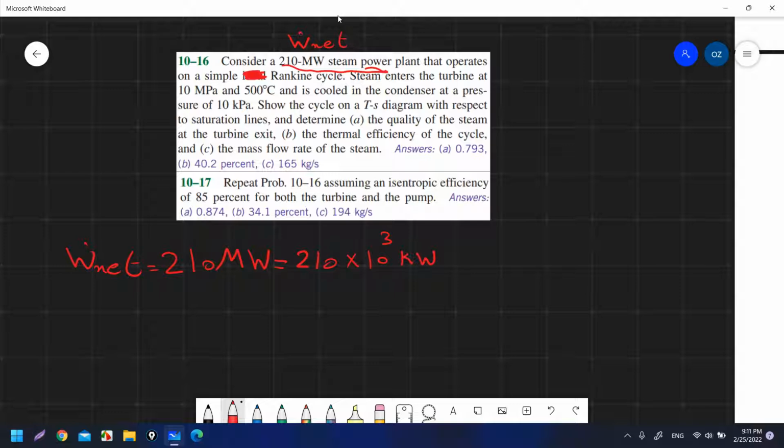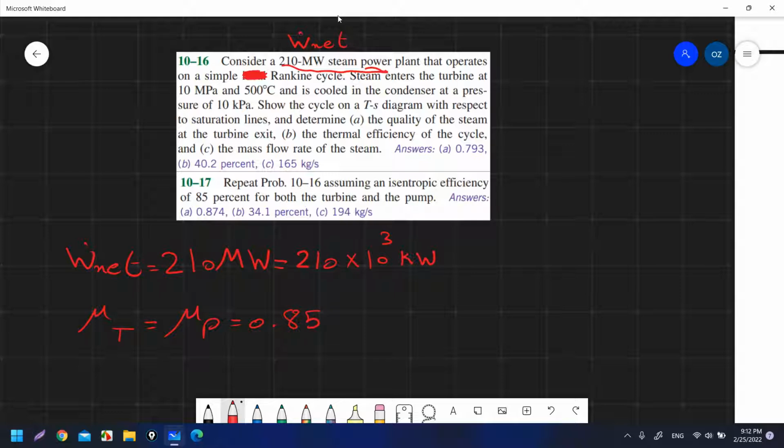So we will ignore this word. And we have the actual Rankine cycle with isentropic efficiency for pump and turbine. For pump and turbine, the isentropic efficiency are equal, which is 0.85, 85%.